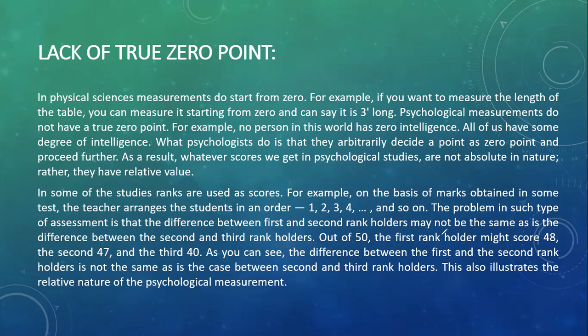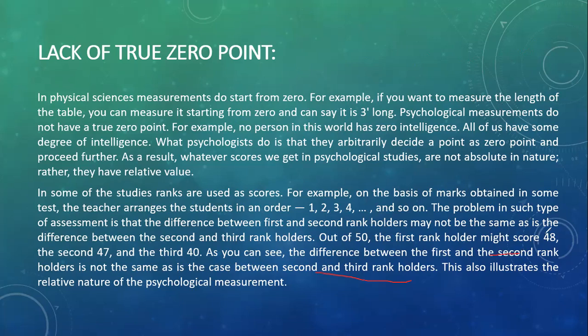Out of 50, the first rank holder might score 48 and second 47 and third 40. As you can see, the difference between the first and second rank holders is not the same as between second and third rank holders.